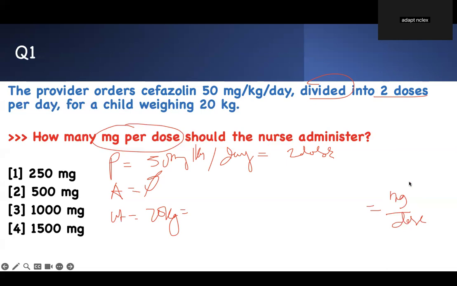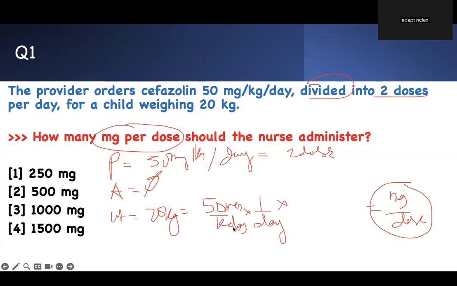Based on that, you want the answer choice to look like that. I want milligram to be on top. Therefore, 50 milligram per kilo per day. So throughout the day, that's what the patient is going to get. But the patient weighs what? 20 kilos.